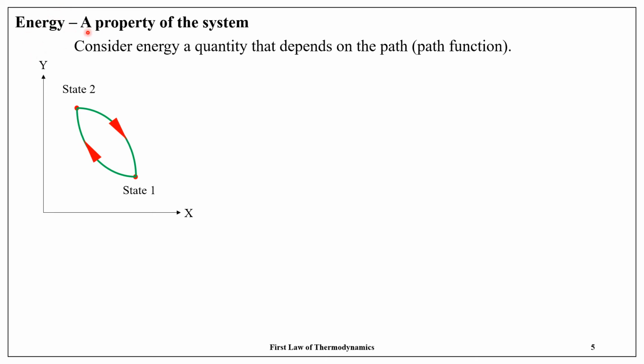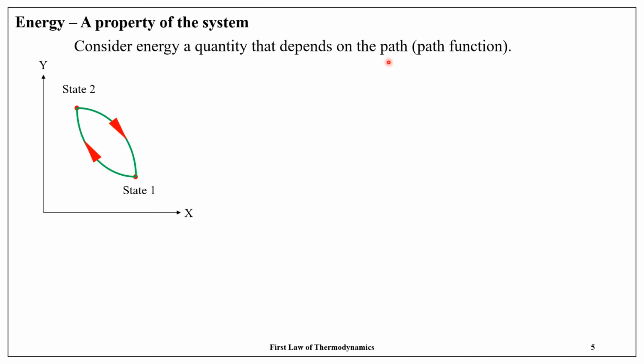So what is that? Energy is a property of the system. When you say property, it clearly says it is a point function, independent of path. To prove this, consider energy a quantity that depends on path.